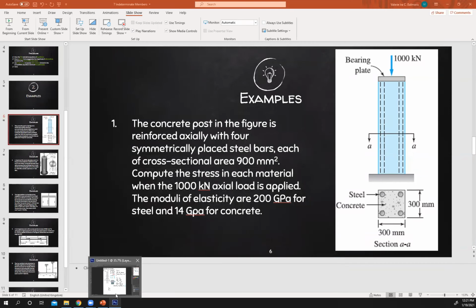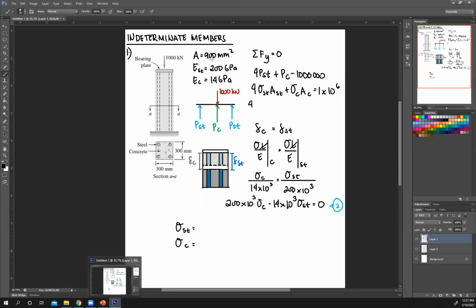Steel bars, cross-sectional area 900. Okay, it's already given. So this is for steel bars. So times 900 plus area of your concrete. So this is your concrete. Then you're just gonna subtract the area of your steel members. So times, this is 300 by 300. So 300 squared minus 4 times 900.